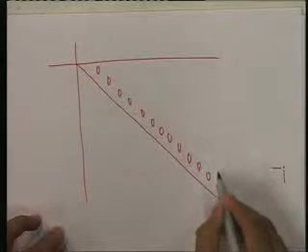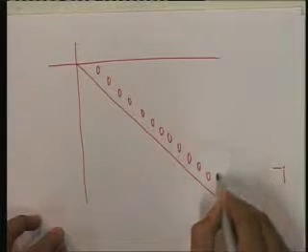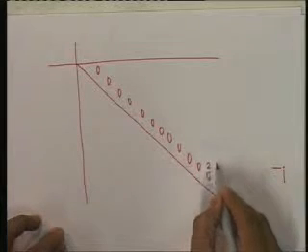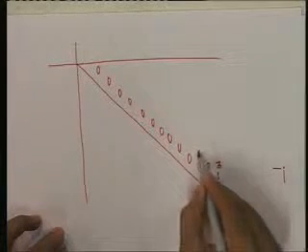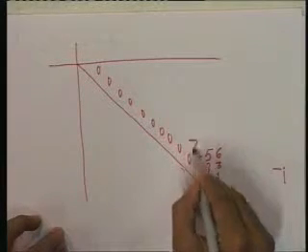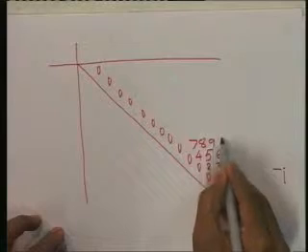So, next I can fill this entry maybe. So, I will put a 1 over here. After that I can fill this entry, this entry, this entry, this entry, this entry, 7, 8, 9, 10.